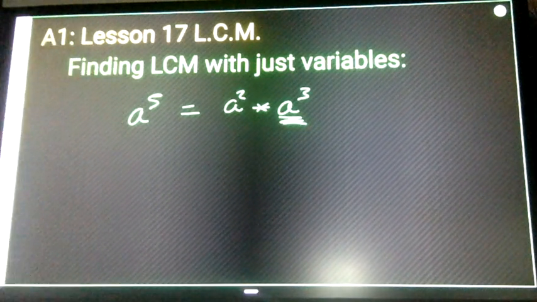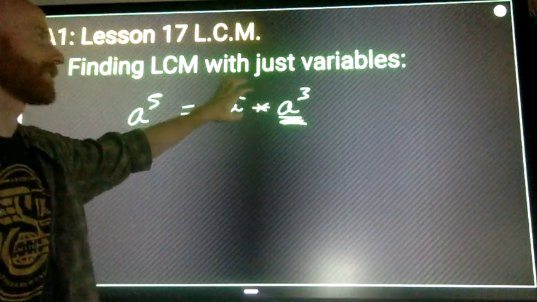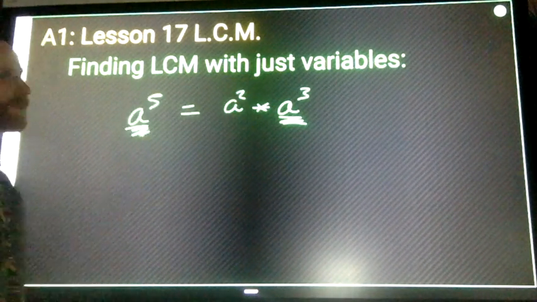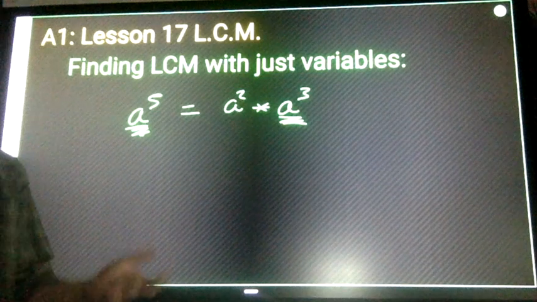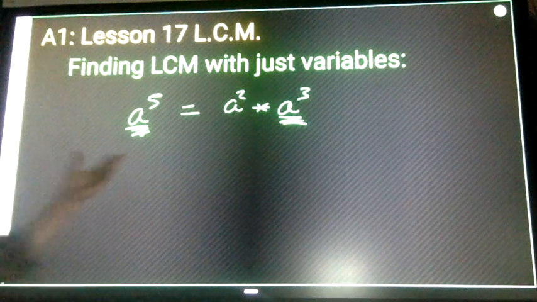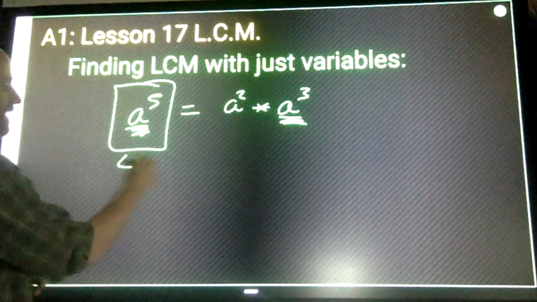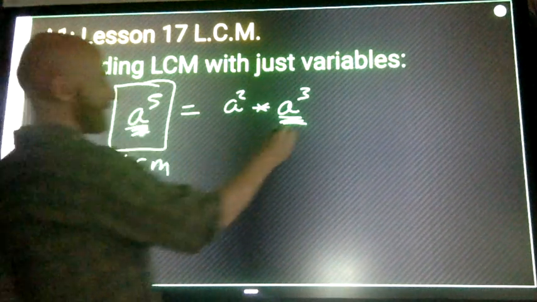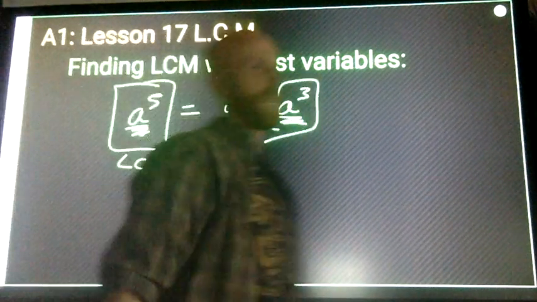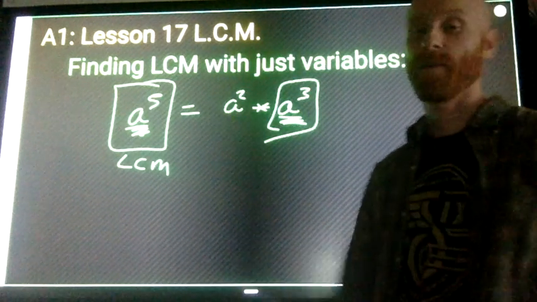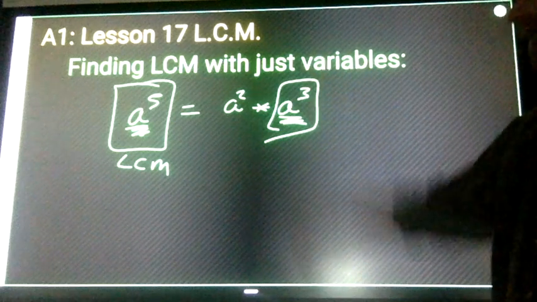That's what multiple means. It means I can multiply by something to get to it, right? And I know that a to the 5th is a multiple of itself. A to the 5th times 1 equals itself. So that's why this is the least common multiple of itself and any a to a power that's less than 5. So LCM.